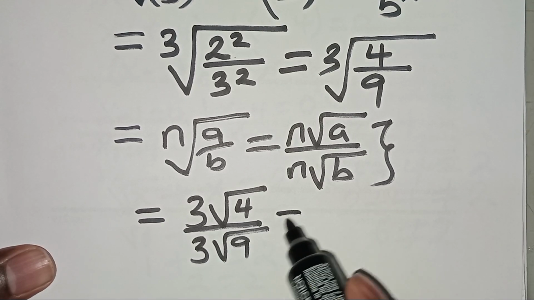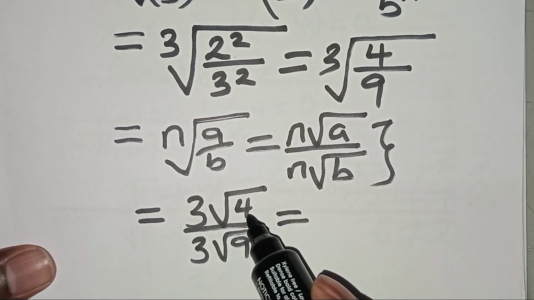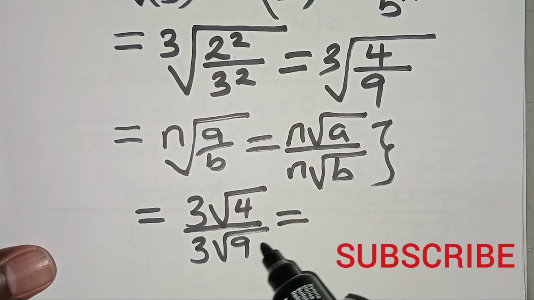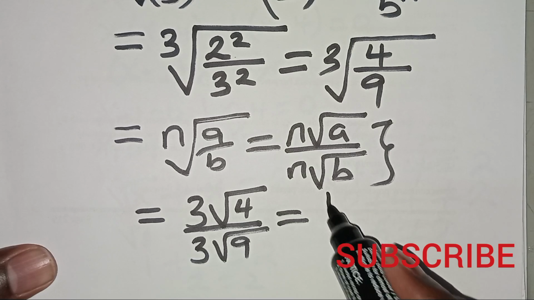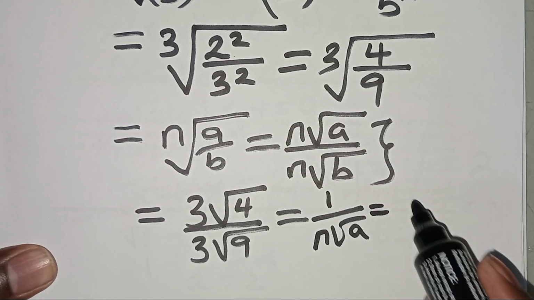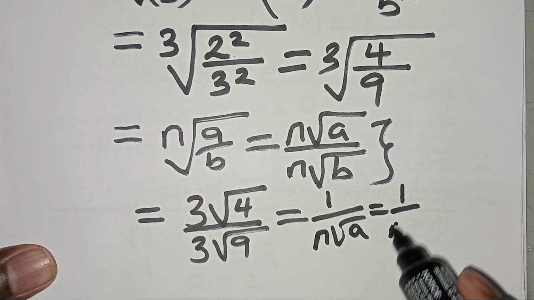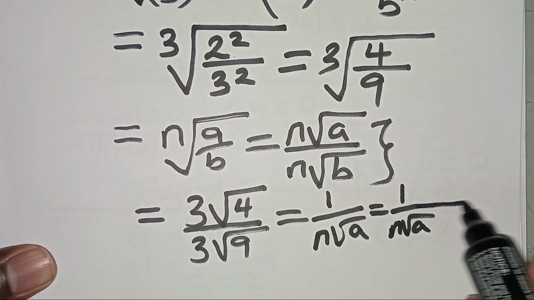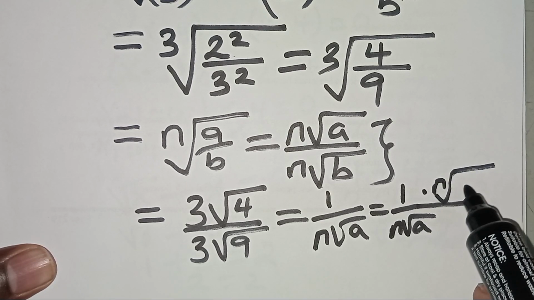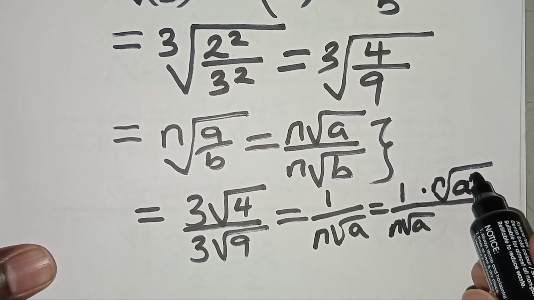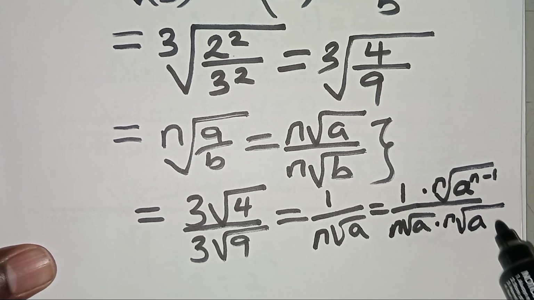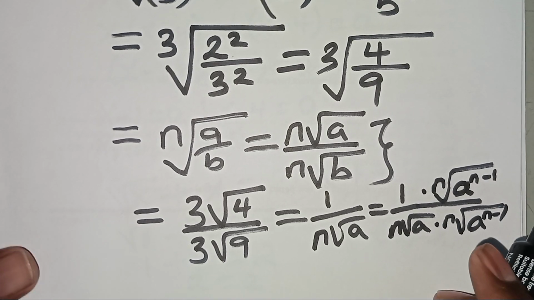Now this is in the form of 1 divided by the nth root of a, which we can express by multiplying the numerator by the nth root of a to the power n minus 1, divided by the nth root of a to the power n minus 1.